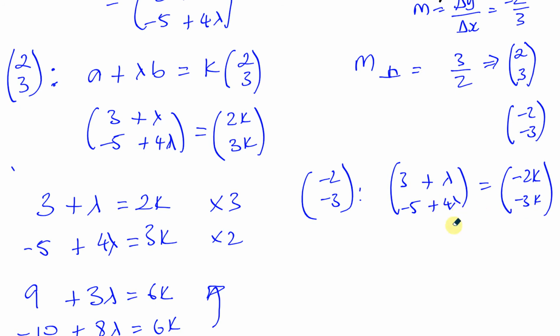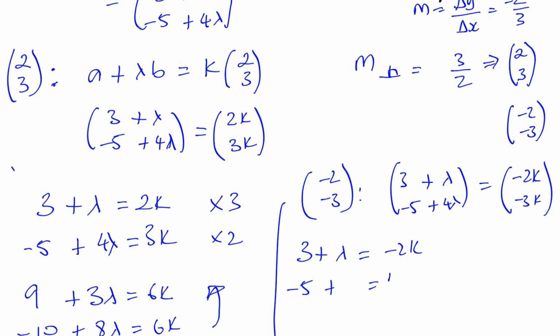Okay, so we can now again look at the components. They must be the same. So 3 plus lambda is equal to minus 2k, and minus 5 plus 4 lambda is equal to minus 3k.